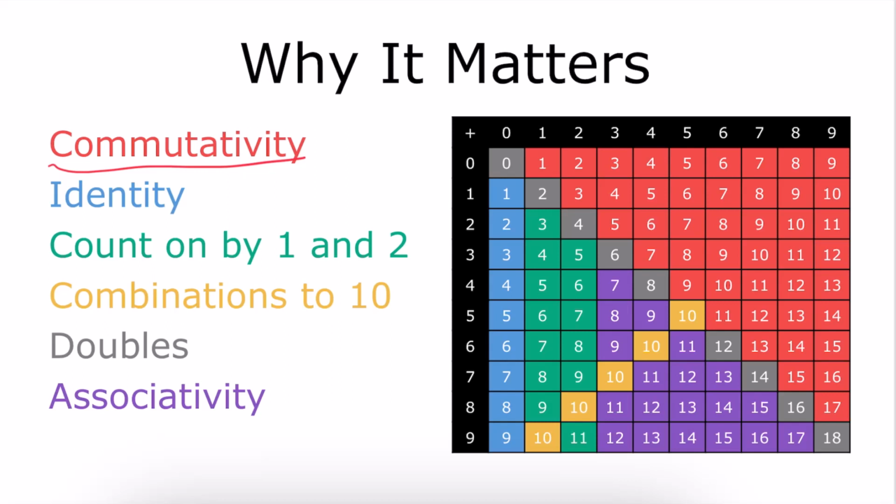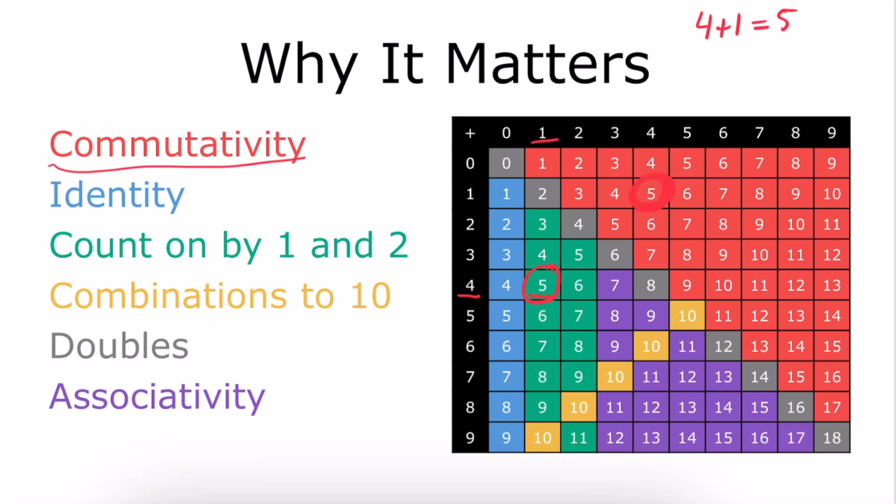So this table here shows all of the different addition facts that your students need to memorize. And if you notice, if I look at, say, this box right here, which is communicating that 4 plus 1 equals 5, because 4 is the row, 1 is the column, and 5 is the number in the intersection of that row and column, this answer is the exact same answer as this one right here.